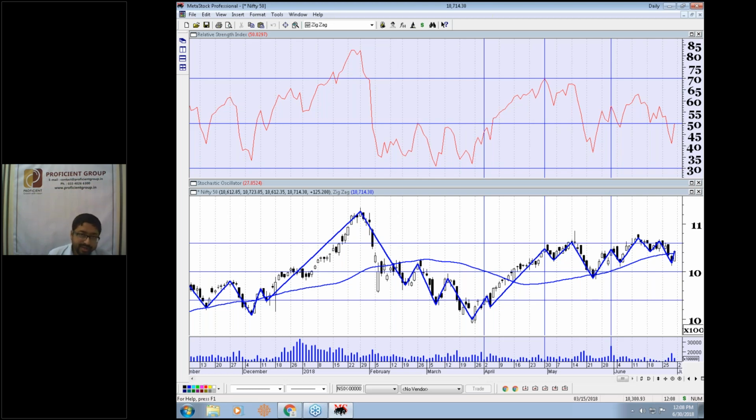So in today's context, we can replace the railroad index of Dow's time with our auto index or banking index or realty index, because all these indexes are rate sensitive, and they should conform the movement of Nifty or Sensex. Now, what do we mean by they should conform?